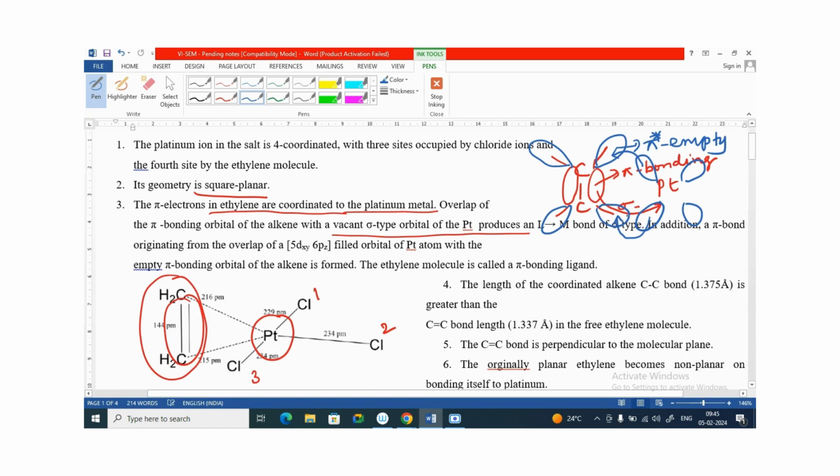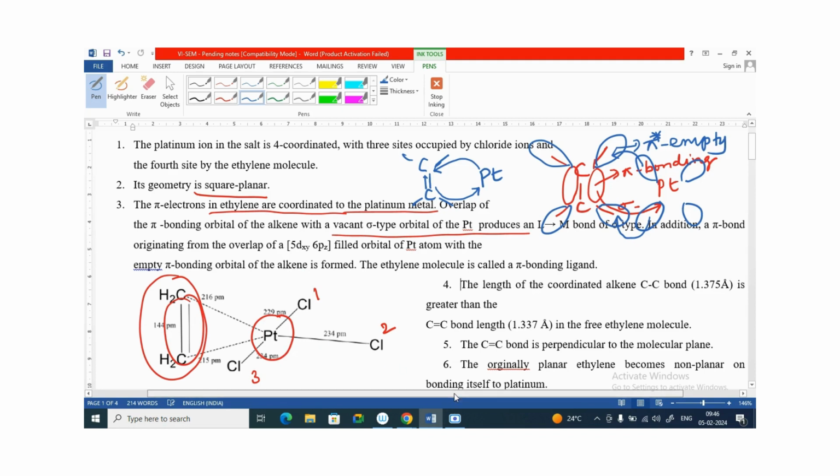Therefore, the sigma electrons donated from the pi molecular orbital of the alkene are returned by the platinum metal atom. So in this way, the pi back donation was reported. So let us conclude. From the pi orbital of ethylene, sigma orbitals are formed, and therefore pi acceptance also takes place.